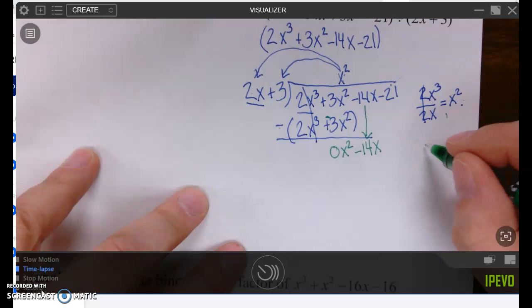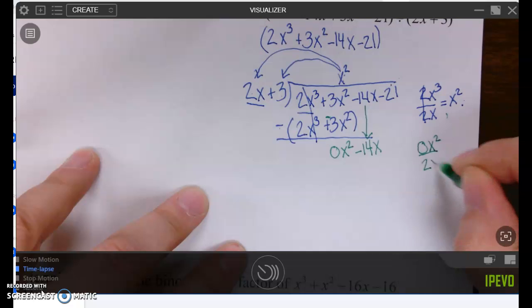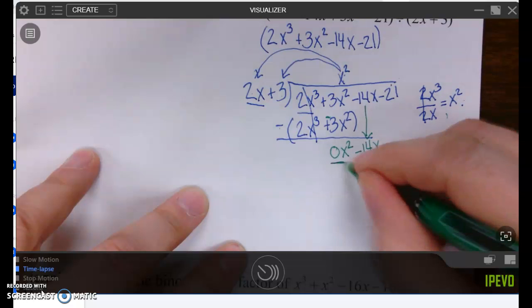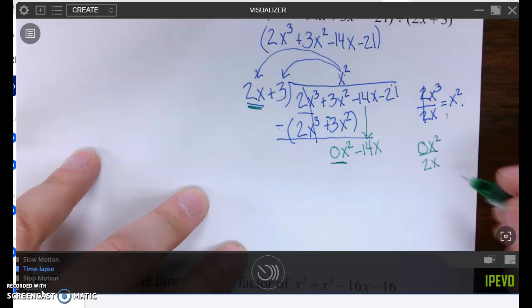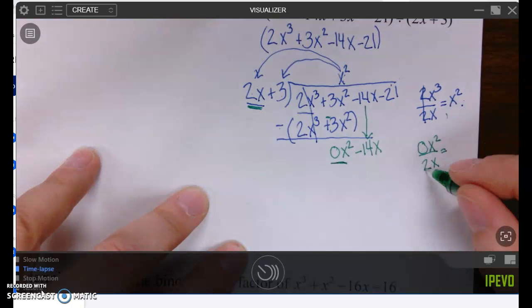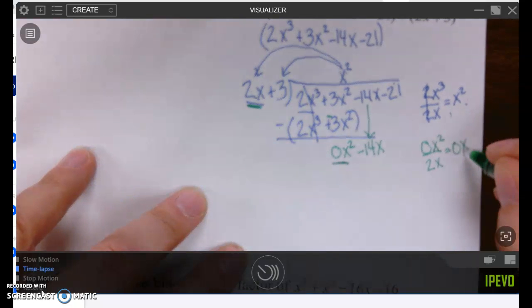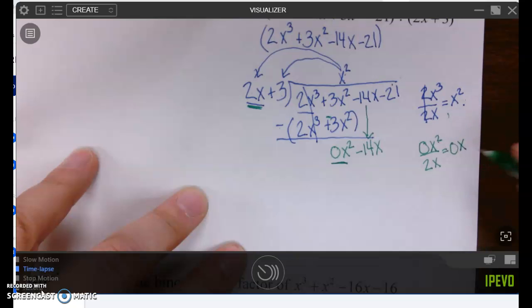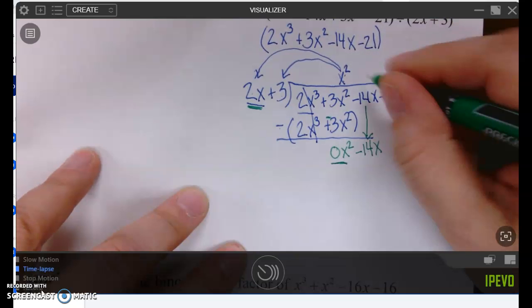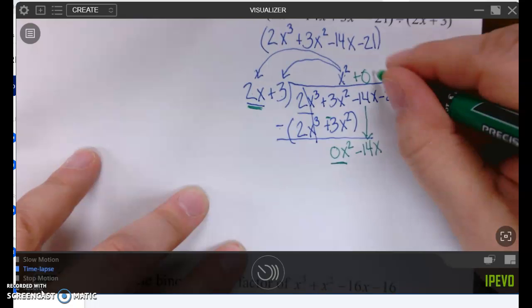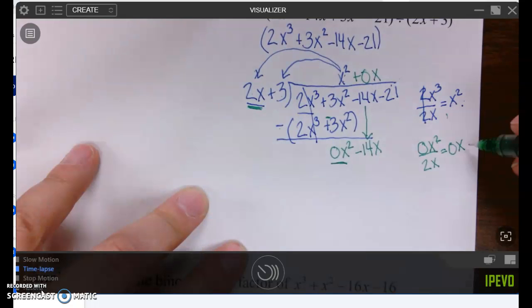So first step is to divide the first term by the first term. So we're dividing the 0x squared by the 2x. And 0 divided by anything is 0. And then you have your x. X squared over x is x. We put that up top, and it's positive, so I'm going to put plus 0x, although 0 is not really positive or negative.